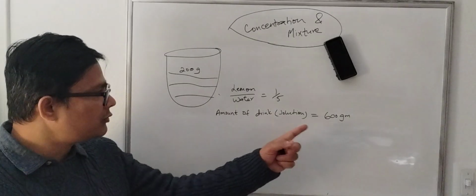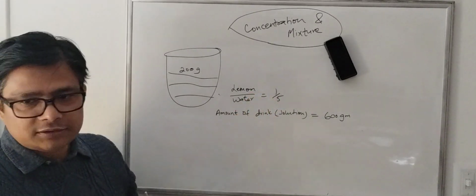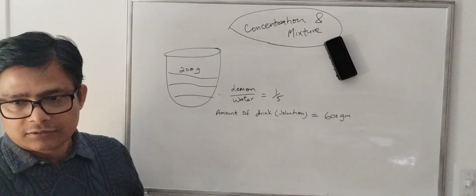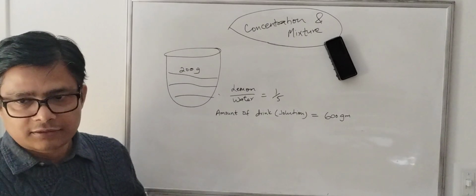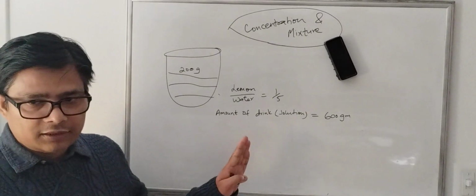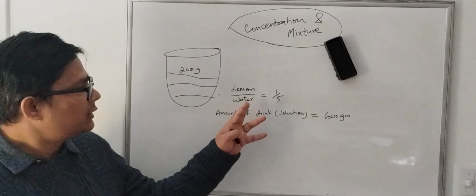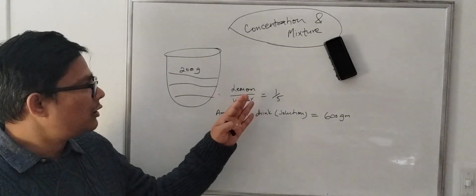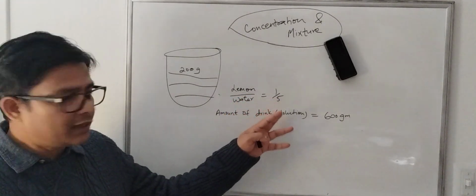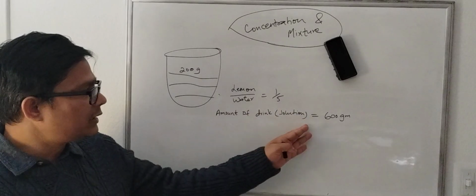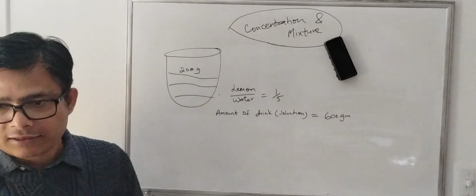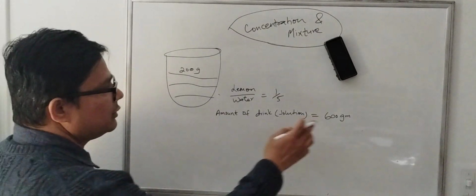So how much water and how much lemon will you use? Okay, this is the question. You got the question? You have to make lemon water. In that, the ratio of lemon to water should be 1/5, and the amount of the drink you have to prepare should be 600. It's very simple.